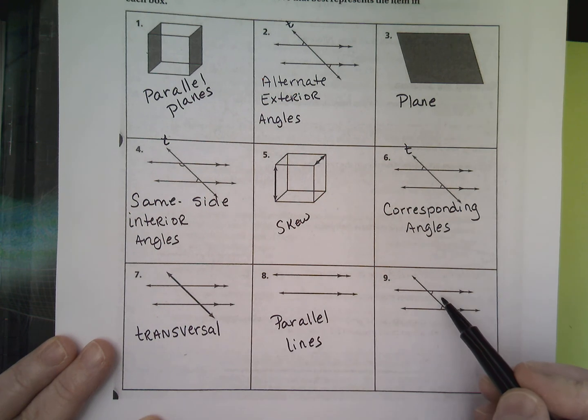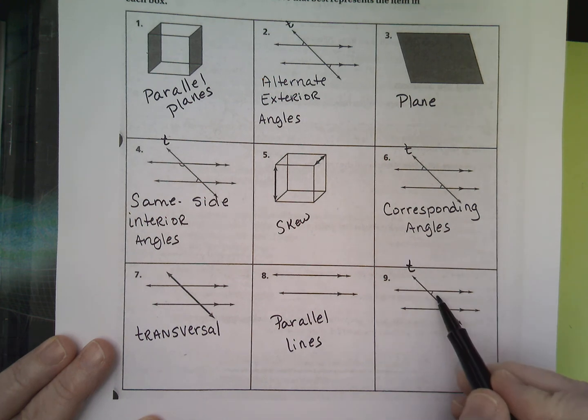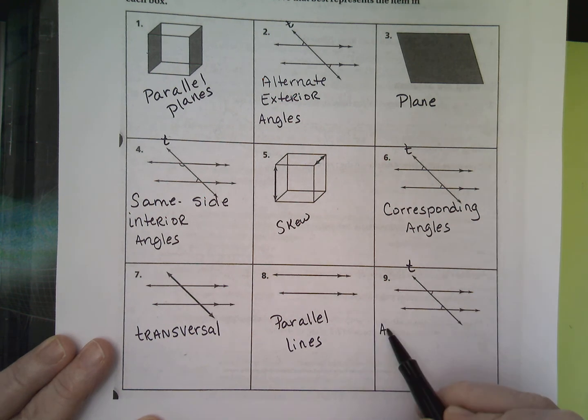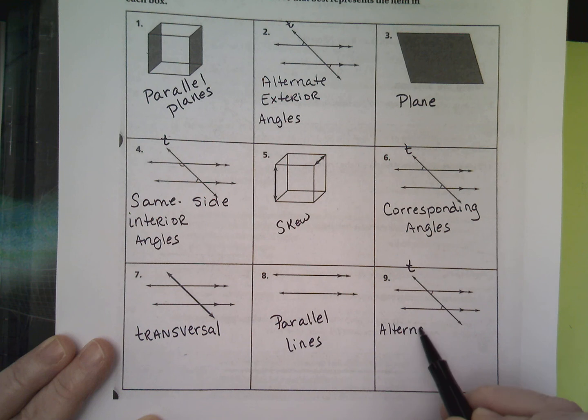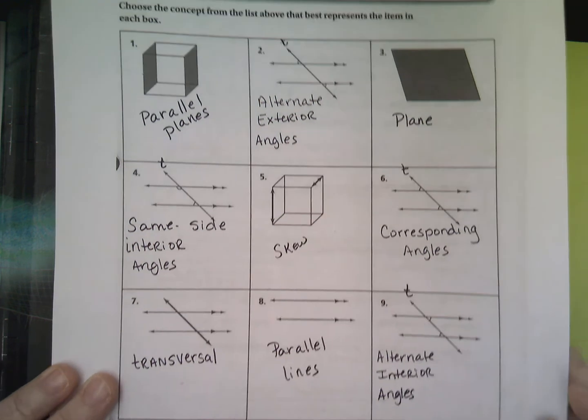Number 9, these are angles in parallel lines cut by a transversal, and they are on different sides of the transversal, but they're both inside the sandwich. So these are called alternate interior angles. Okay?